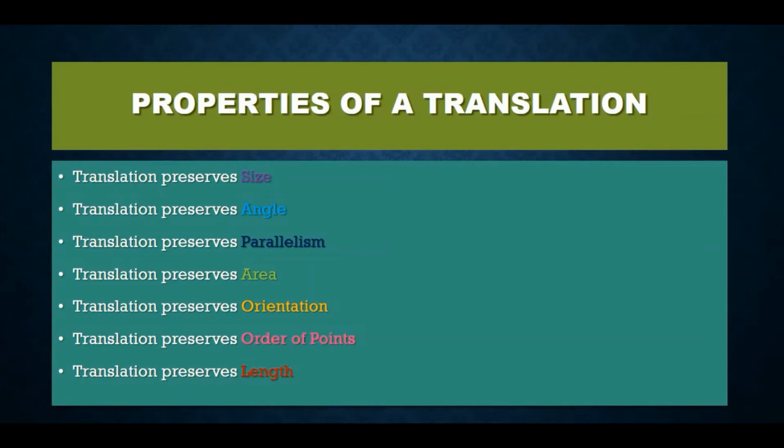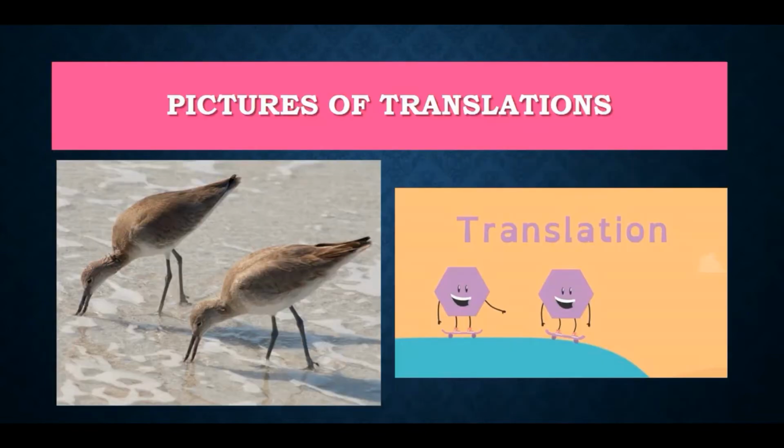And as we go forward, we're going to look at these properties more in depth and from a graphical perspective. These are some pictures of translation, so you can take note of these.